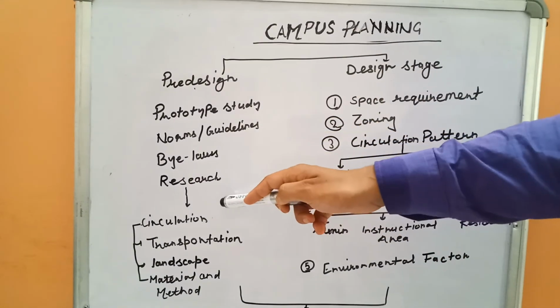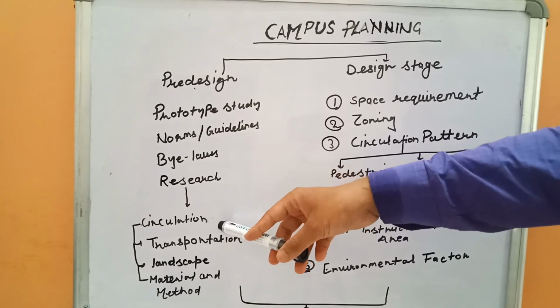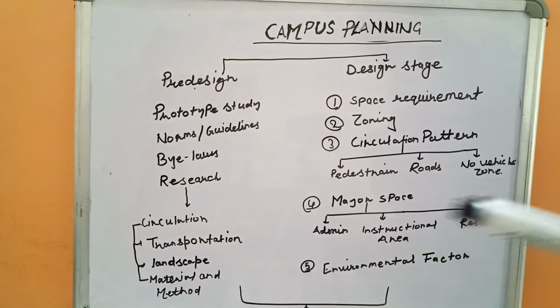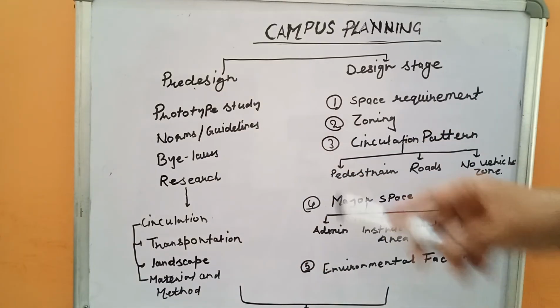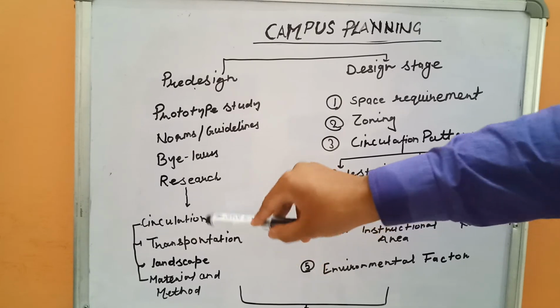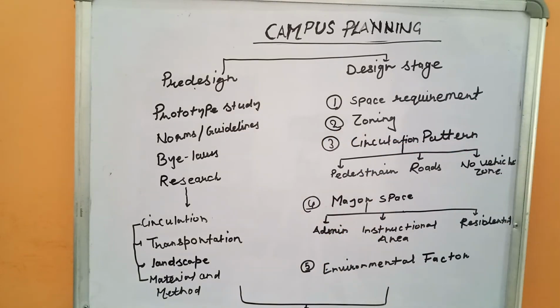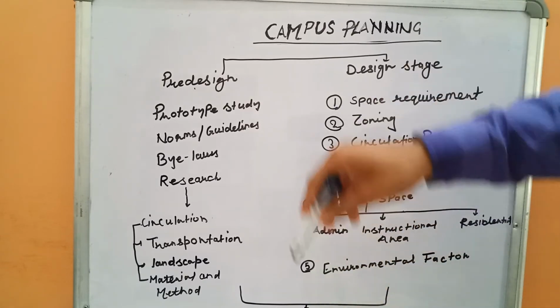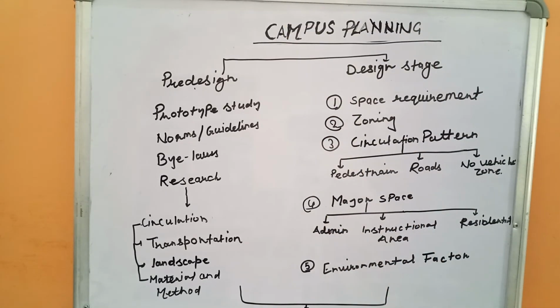Then we can do research about circulation, which is the best option for avoiding too much distance, too many kilometers in a campus. A person can move around in a 1 to 1.5 kilometer radius. So if we are giving one block here, another block there, and they are connected, but the distance is major, then our design can fail.